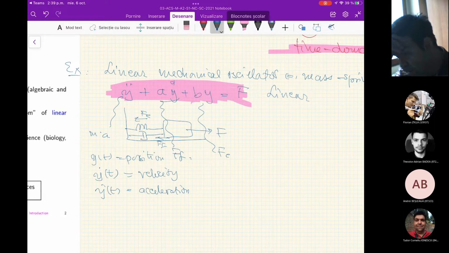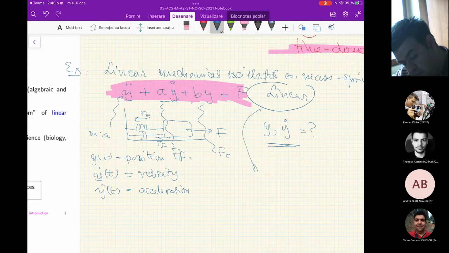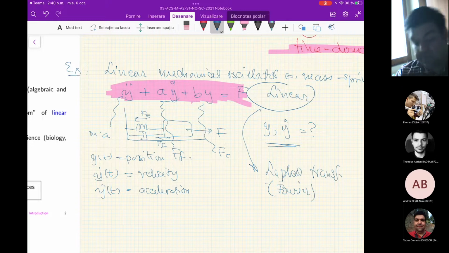So to find the solution y or y dot, since this is linear, you can easily apply the Laplace transform. Of course, in the frequency domain, the Fourier transform.